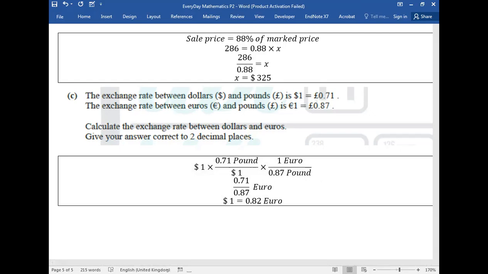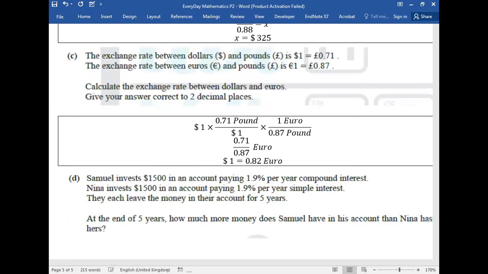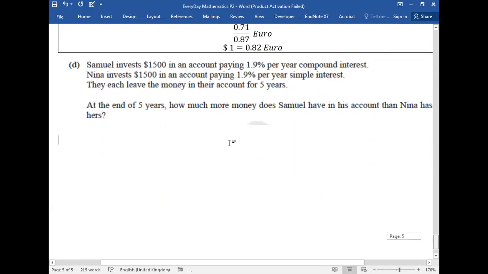Just one last part बच्चों. Just one last part. Extremely sorry, लेकिन ये last part है. Okay. Samuel invests $1,500 in an account, paying compound interest. Nina invests $1,500. They each leave their amount for 5 years.